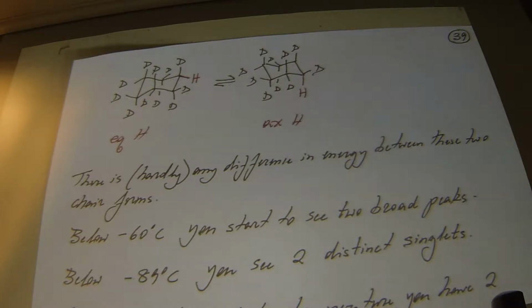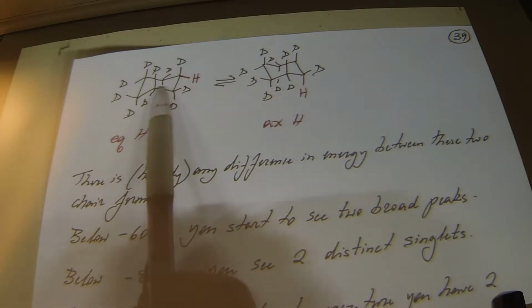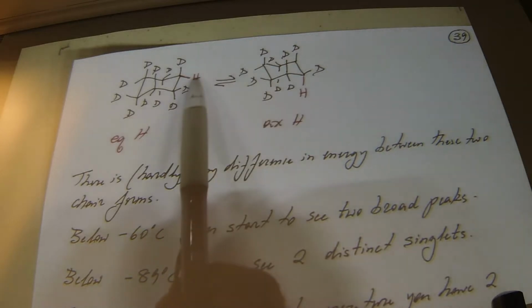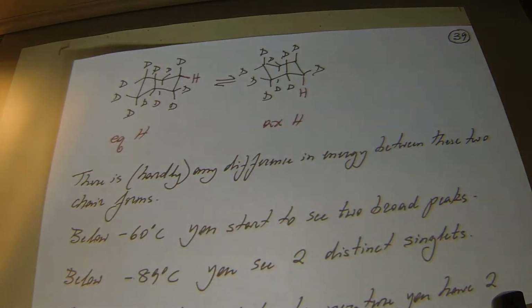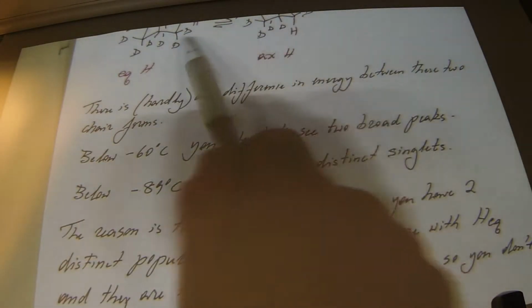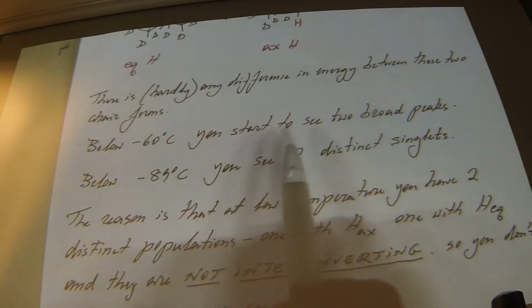So now I can take this sample, and notice that when it does a chair-to-chair conversion, the equatorial becomes axial. So I can expect a singlet for the equatorial and a singlet for the axial. Now, there's hardly any difference in energy between these two, and so at room temperature, you're just going to see that average peak.